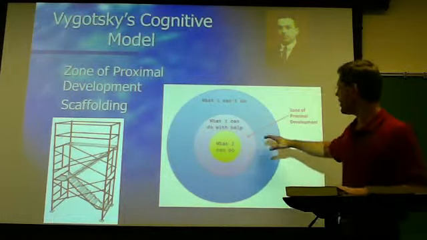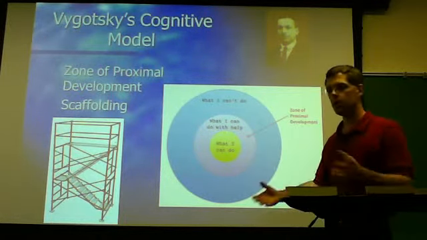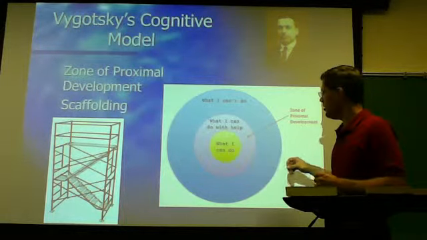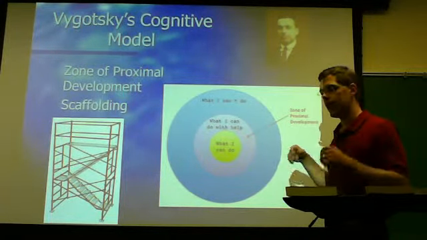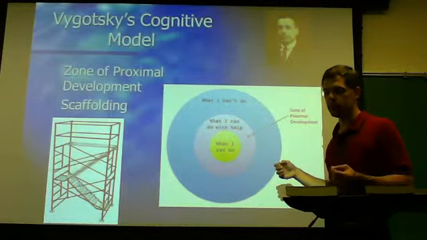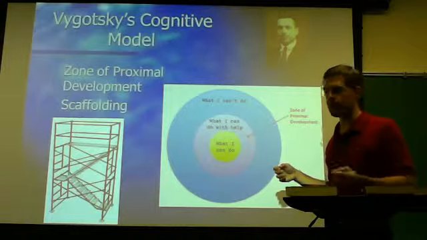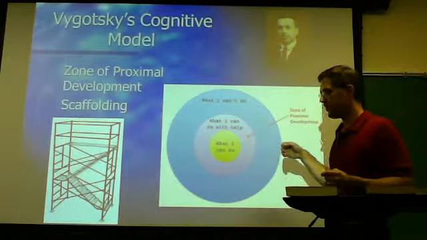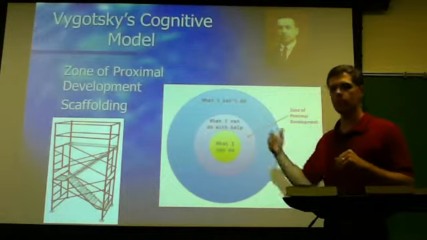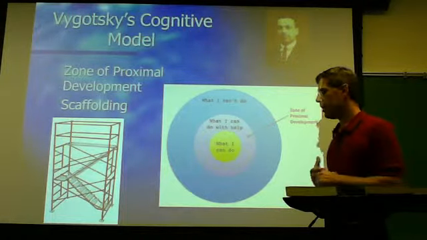So what can the child do? They can maybe put together a puzzle, say a 300-piece puzzle. But they get confused and don't really know how to do it if it's a 700 or 800-piece puzzle.